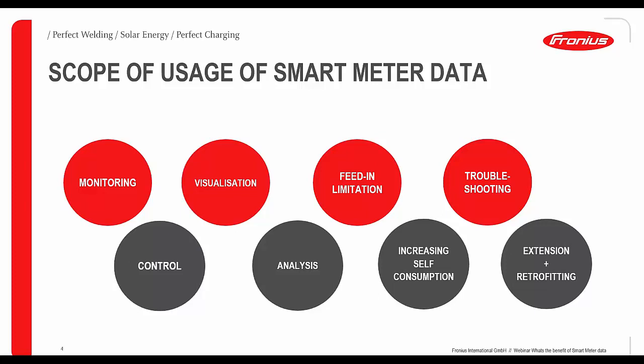Besides what you're consuming on your own, it can make sense to extend your PV system. Also retrofitting a storage system into the existing PV system is possible, and you have the precise numbers. With the Fronius Smart Meter you have the precise numbers for dimensioning and sizing these components. So selecting the right components, doing the right actions, and it also gives you an idea of the expected values.